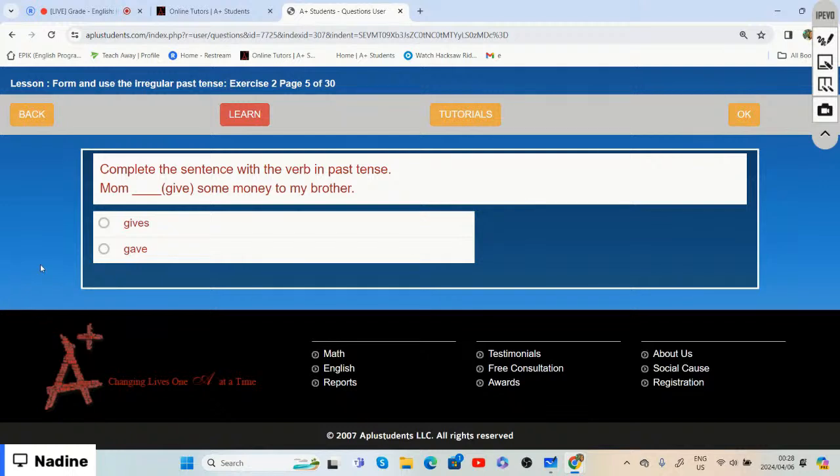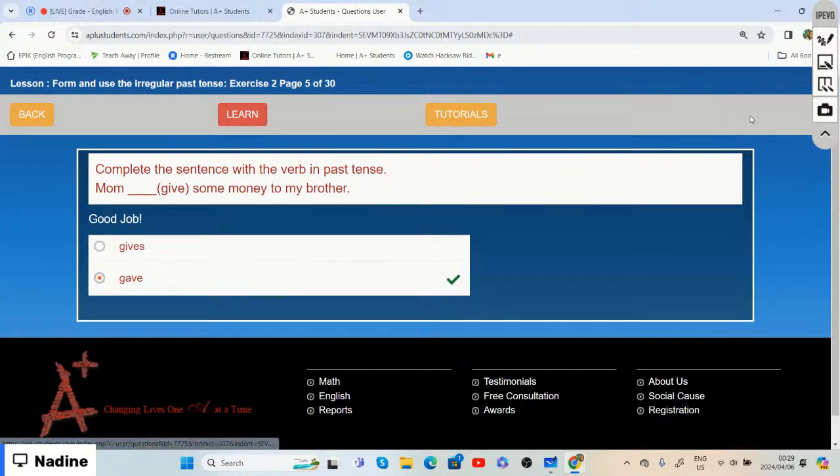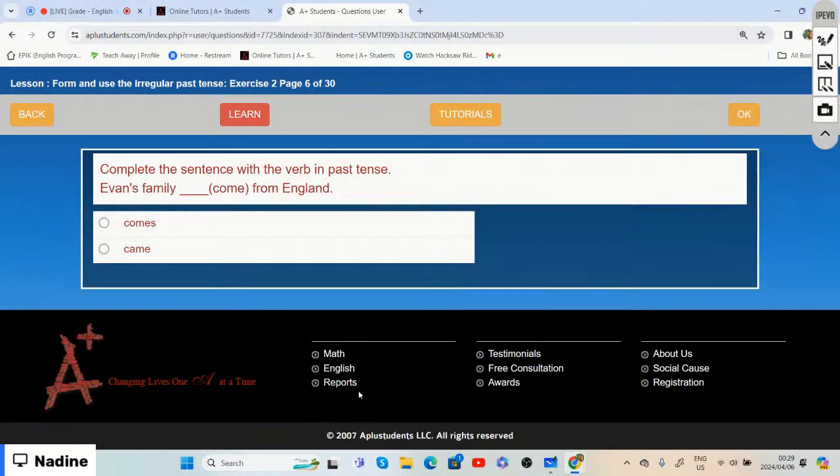So we can say mom gave some money to my brother. And gave is the past tense form of that word, right? Okay, let's do this one and then we're going on to the next one.